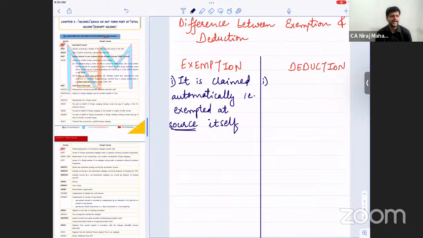It is exempted at source itself. And deduction is taken on actual expenditure. It is taken on an actual expenditure basis.